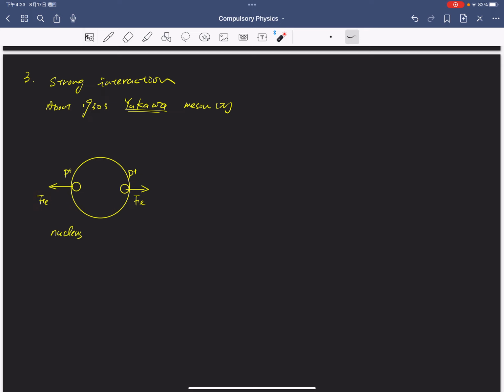However, there may be something that can help to attract the particles together. You might think that if we want to attract each other, maybe we can use the gravitational force, but this is not a great idea, because the gravitational force is actually very small compared to the electric force.